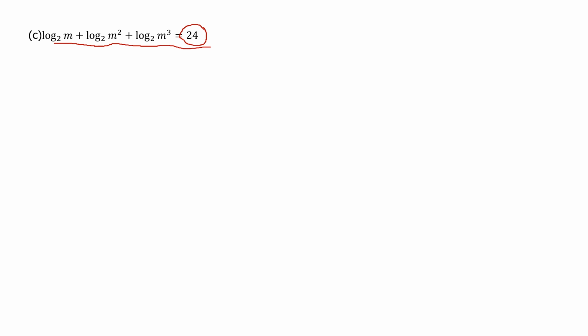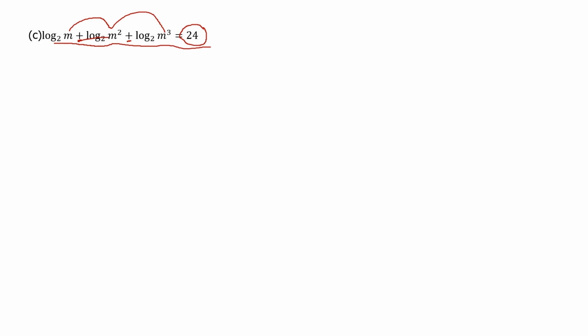So now we have two ways of doing this. The first one, since we have an addition there, we multiply this times that to have log of m power 6 base 2 is equal to 24.